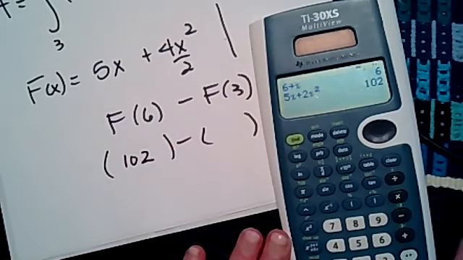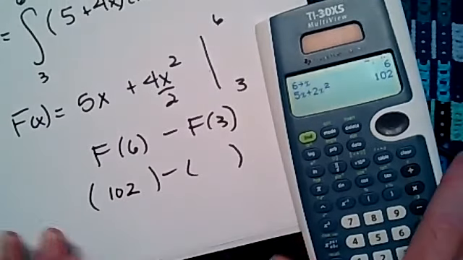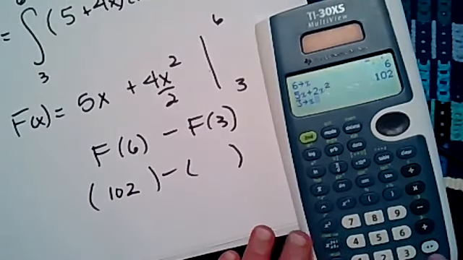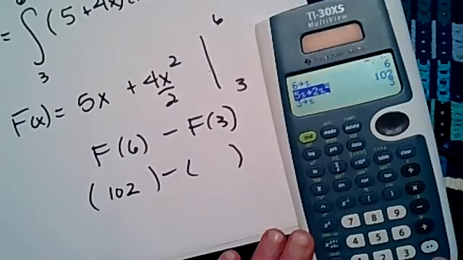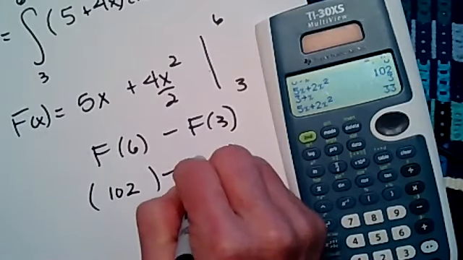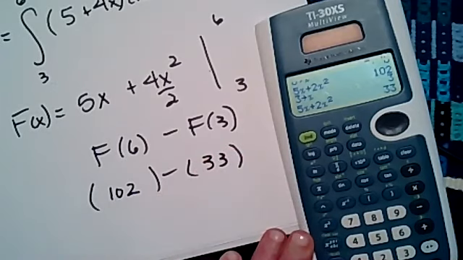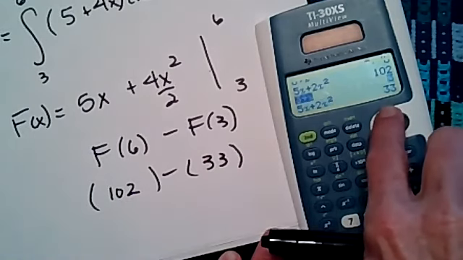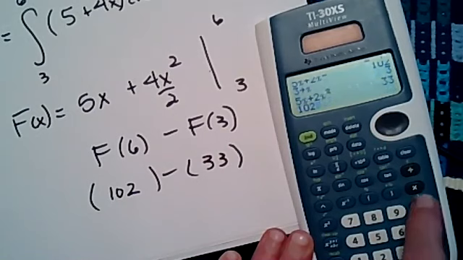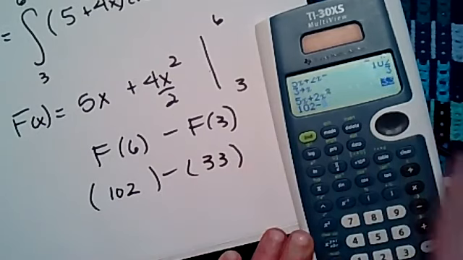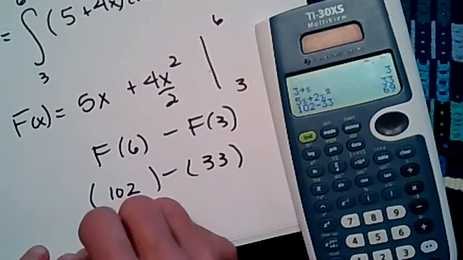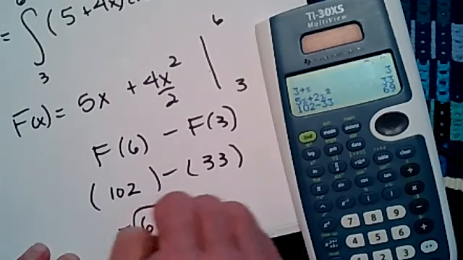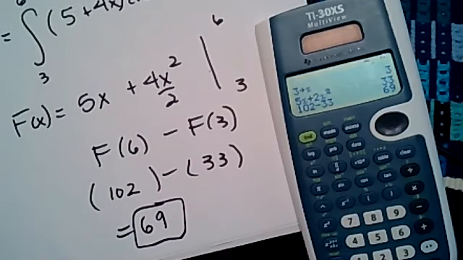Then I plug 3 in, store for x, enter, and get 33. Especially when we have decimals, I always highlight the top number, 102, enter, then minus the bottom number, 33, which gives me 69. That number represents the area bounded by the curve and the x-axis from x equals 3 to x equals 6.